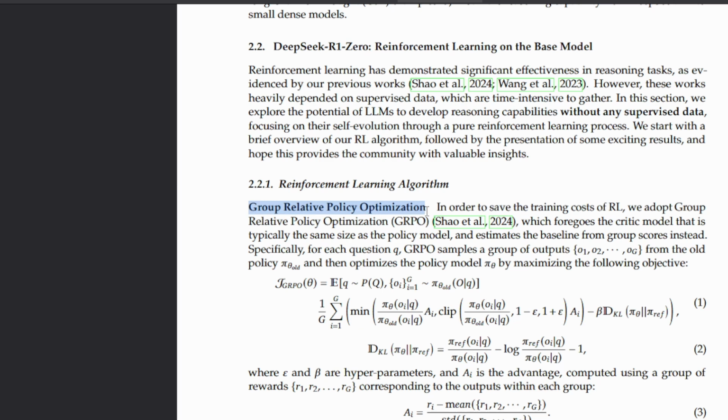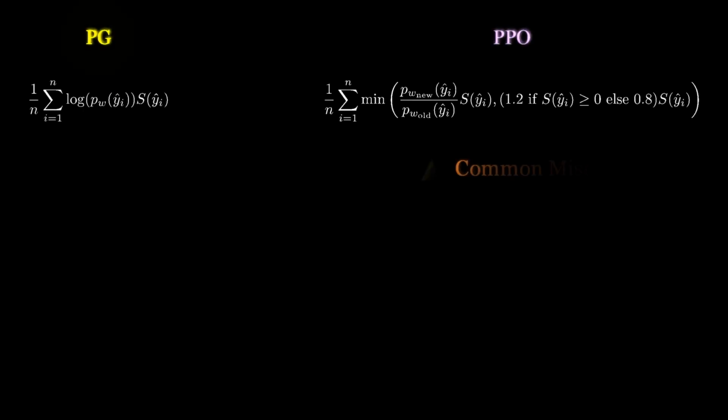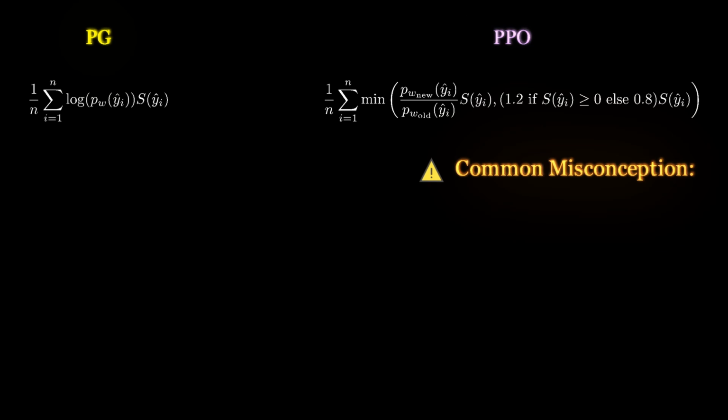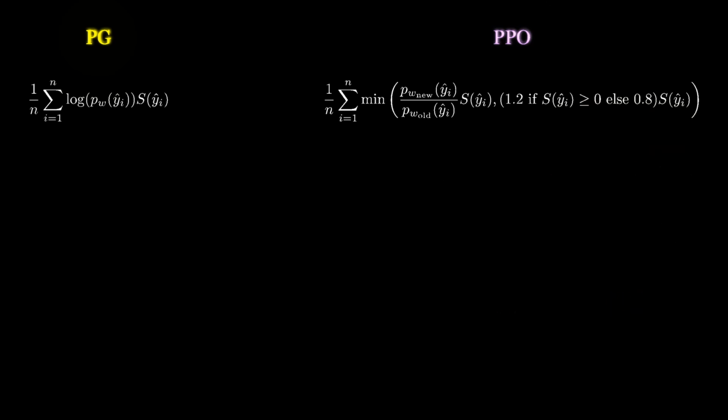Oh, and by the way, a lot of people who learn about PPO have the misconception that the reason why PPO works better than regular policy gradients is because of the clipping in the training objective. So to be clear, that is not true. The reason why PPO works better is because of something that does not show up anywhere in the equations.